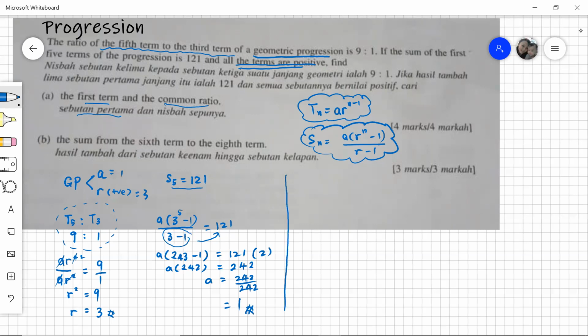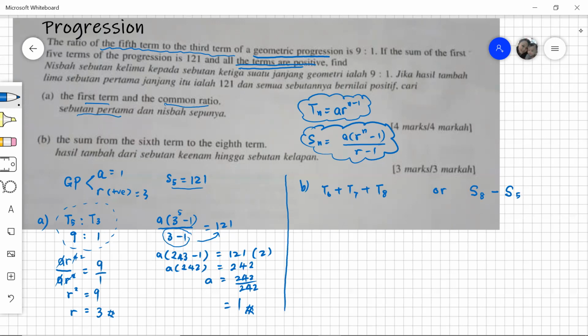So let's look at part B. For part B, we need to find the sum from the sixth term all the way until the eighth term. That means T6 plus T7 plus T8. We can either use this or there's another way, which is we take the sum of the first 8 terms minus away the sum of the first 5 terms, okay?